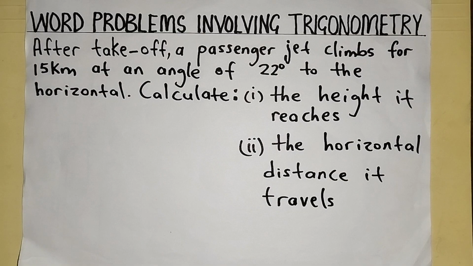In this video, we want to look at some practical application of trigonometry or trigonometric ratios, okay? So we have a question here which says, after takeoff, a passenger jet climbs for 15 kilometers at an angle of 22 degrees to the horizontal, that is to the ground.